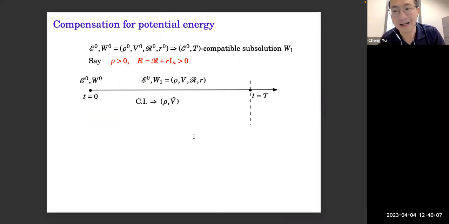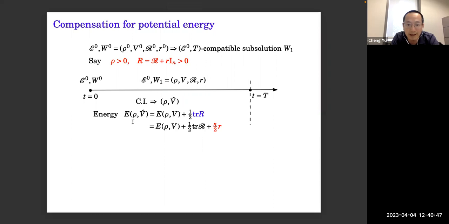In the last couple of minutes, let me explain how to keep the energy inequality for the infinitely many weak solutions. Here W0, rho0, V0, R0 is a subsolution. For this subsolution, we can apply convex integration to get infinitely many solutions, called rho V hat.